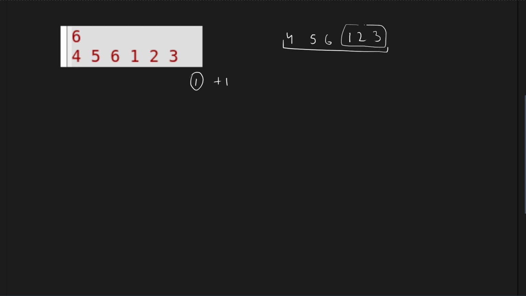Now this particular thing is also a permutation, right? So one more is added to my answer. Now I cannot take 1, 2, 3 and 6. I cannot take 1, 2, 3 and 5. I can only take 1, 2, 3, 4, 5, 6. So that is already considered in my first case. Now there are 3 subarrays in this particular permutation which are also a permutation.